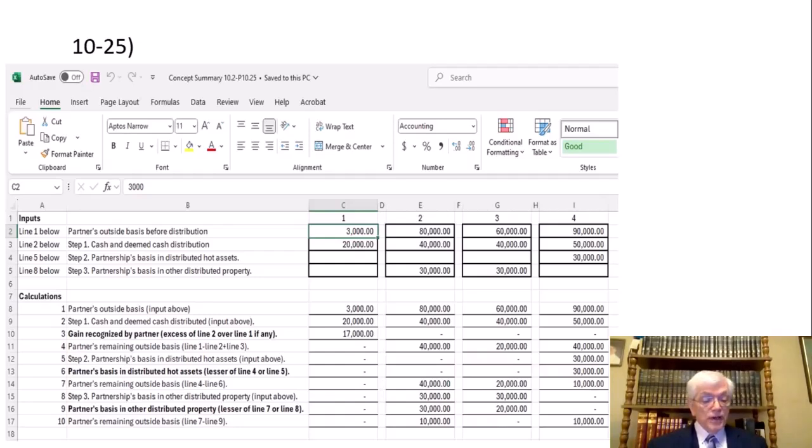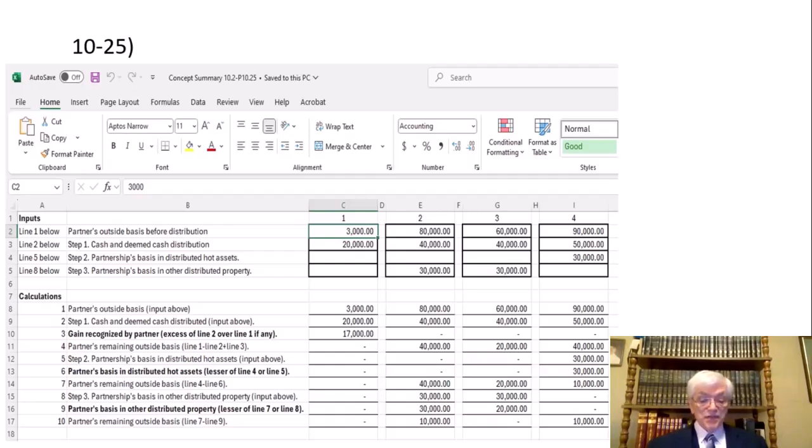Finally, number 4, Chloe receives $50,000 in cash and inventory with a basis of $30,000, fair market value of $50,000, in partial liquidation of her partnership interest. Her basis was $90,000 before the distribution. All partners received proportionate distribution. So Chloe's beginning basis is $90,000.